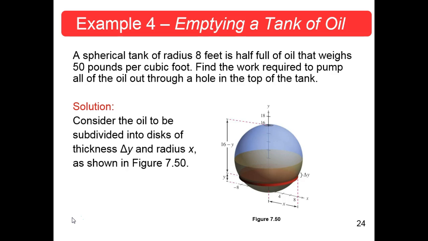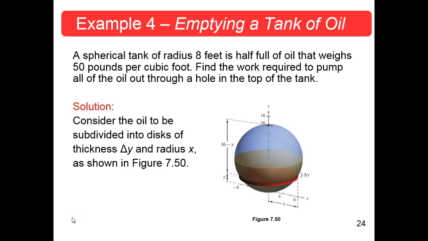That means the 8-foot radius, measured in feet, goes 0 to 8, 0 to 8, to get the entire tank. So that's our setup and our scale. Of course then the top of the tank would be at 16 feet, because you have two radii together. Now, the bottom of the tank is 0 feet on the y-axis.